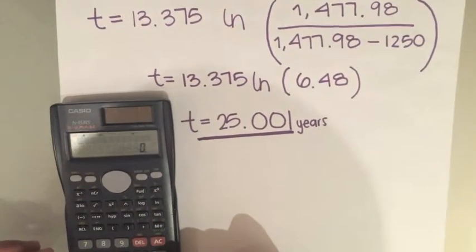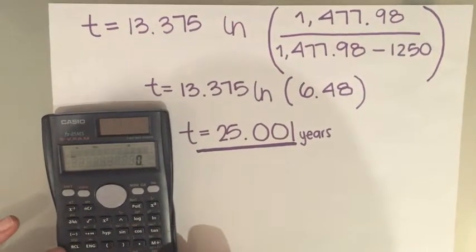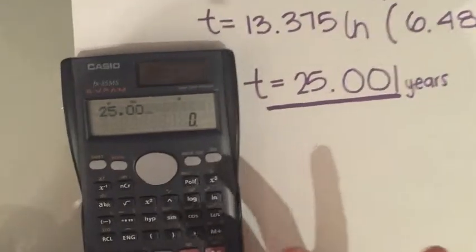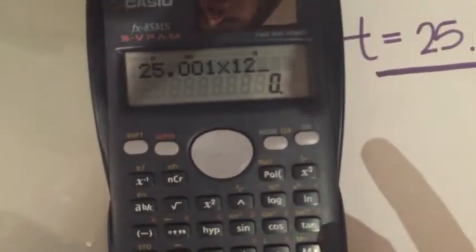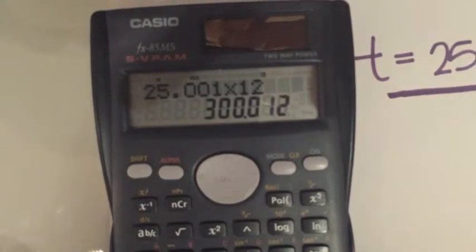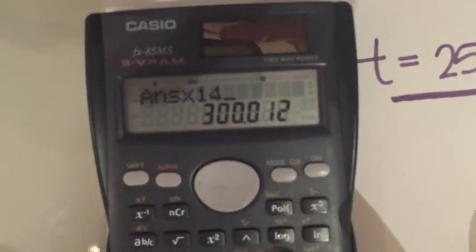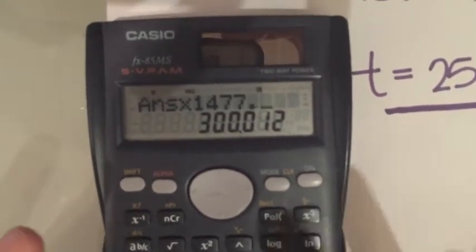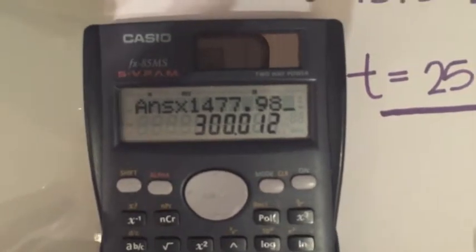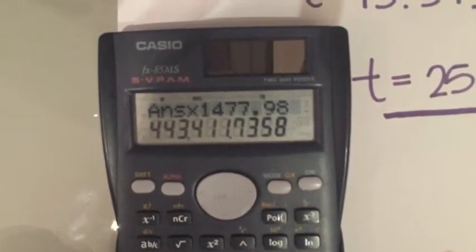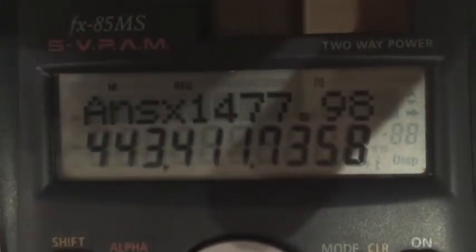This gives you the answer of 25.001 years. So that answer you multiply it by 12, which is equal to 300.012. Then you multiply it by the monthly payment of 1,477.88, and the answer you get is 443,411.74.